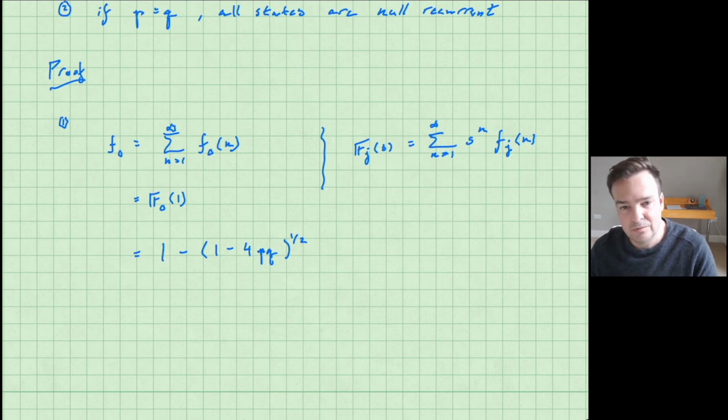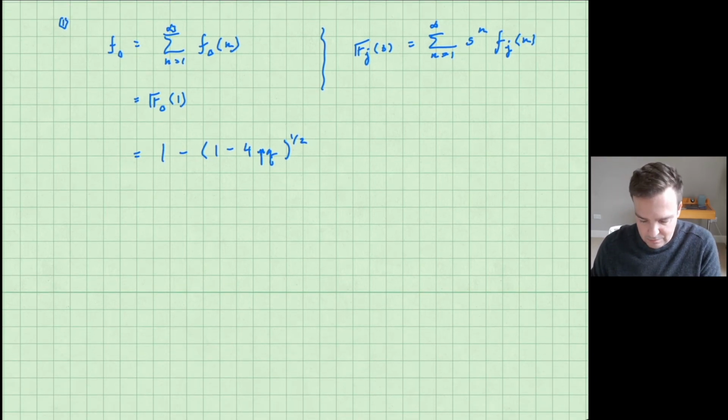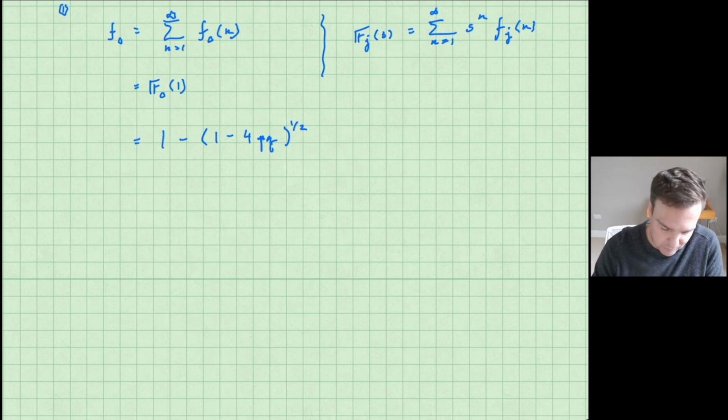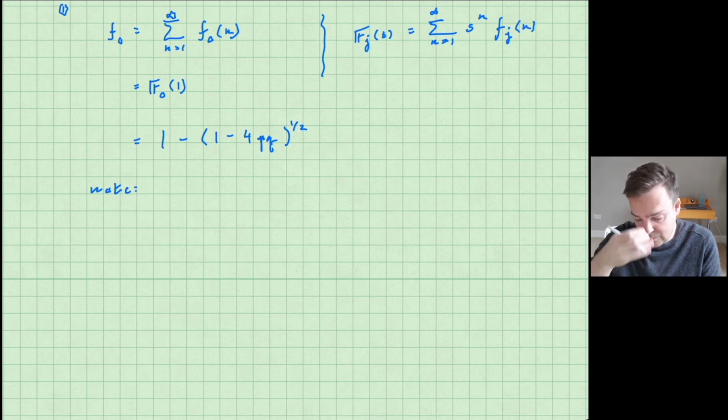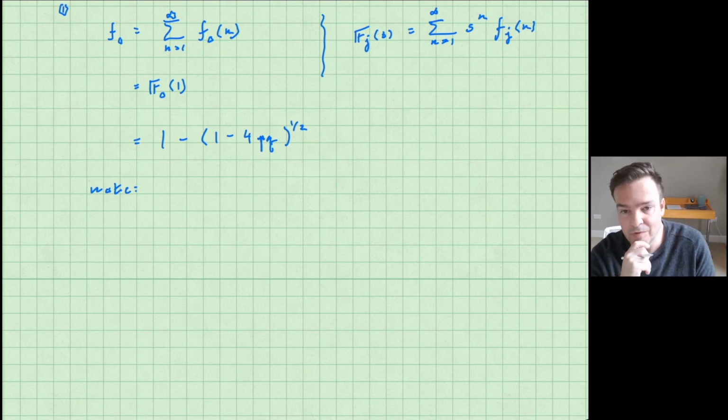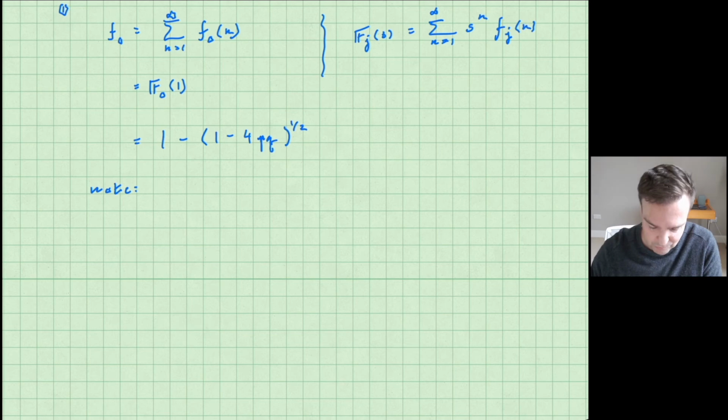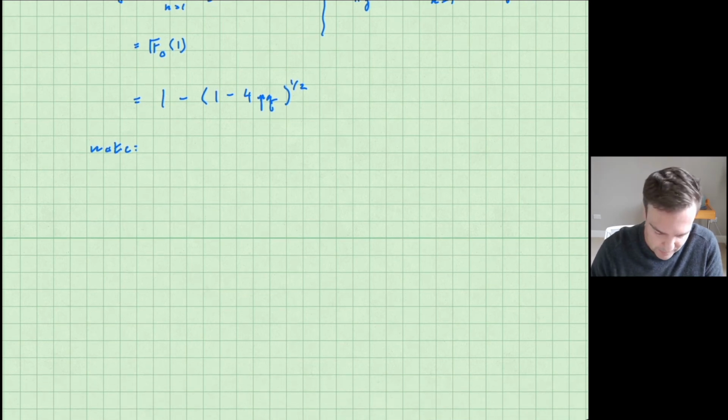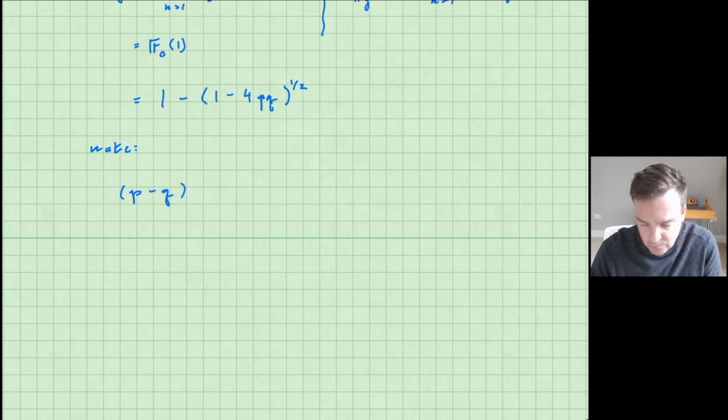Now we just need to do a little bit of algebraic maneuvering, right? We'll do this in sort of an awkward way, I think, but note the following. I want to make a new statement for what is 1 minus 4pq. Maybe this is all old school, boring algebra for you. But you can write this as p minus q squared plus 4pq.